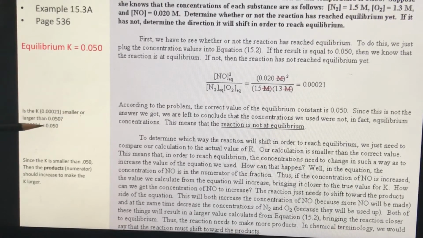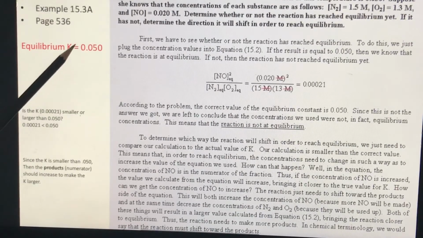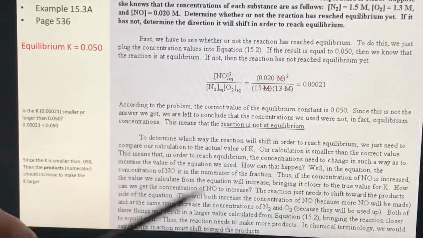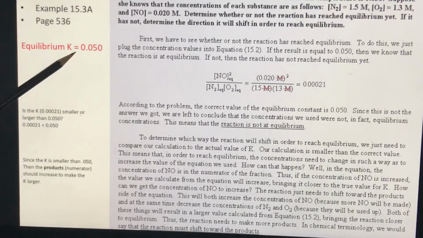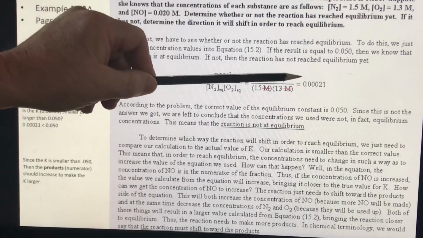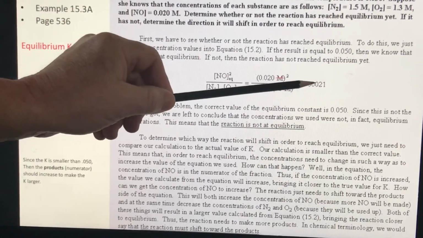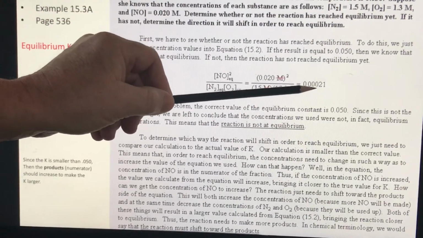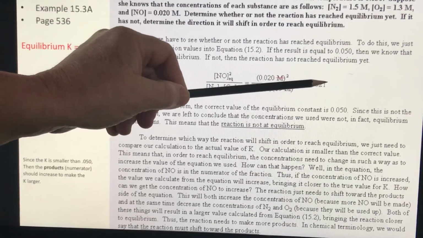All right, so clearly this is a smaller number than the 0.050. So we sort of defer to our rules here. Since this K is smaller than the equilibrium one, then we know that in order to get this to equilibrium, this would have to increase in value, the 0.00021.